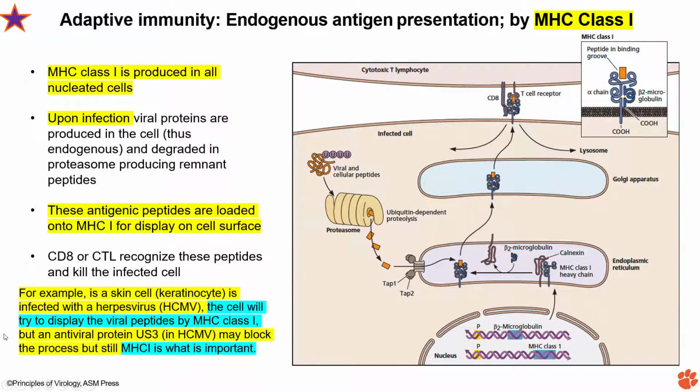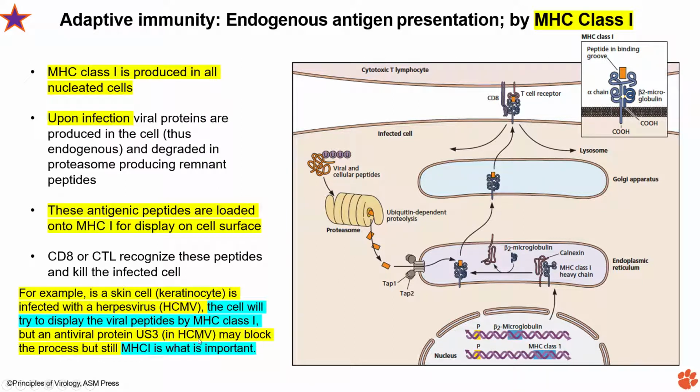Say, for example, a skin cell, a keratinocyte, is infected with a herpes virus like HCMV. The cell will try to display the viral peptide by MHC class 1, but an antiviral protein US3 in HCMV may block the process. But still, what is important is that we can describe that whole process.